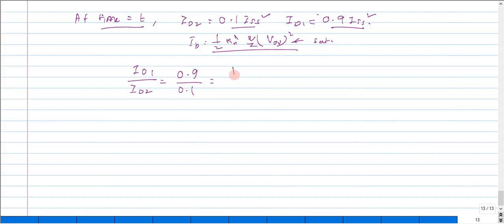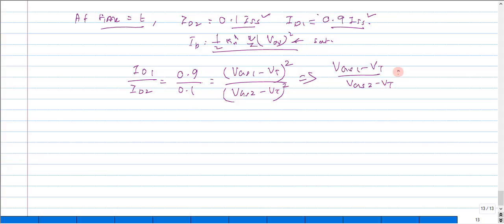So the end result would be VGS1 minus VT the whole square divided by VGS2 minus VT the whole square. And now taking the square root on both sides, I would end up with VGS1 minus VT over VGS2 minus VT, that is equal to 3 here.